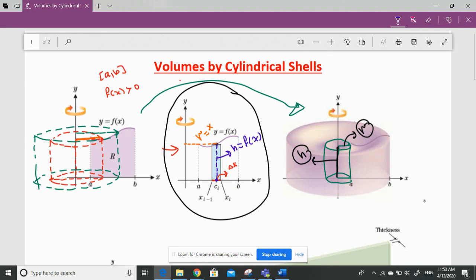So h equals f of x and r equals x. But as we told you before, we must have a lot of cylindrical shells. I will represent x as ci and f of x, which means h, as f of ci, as a generalization for this case.